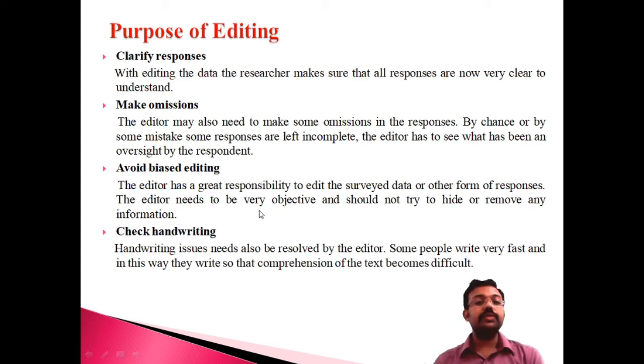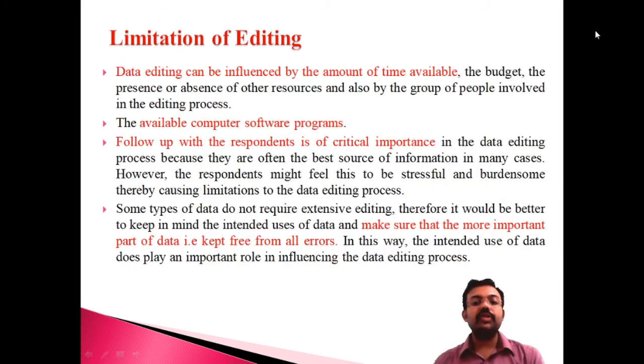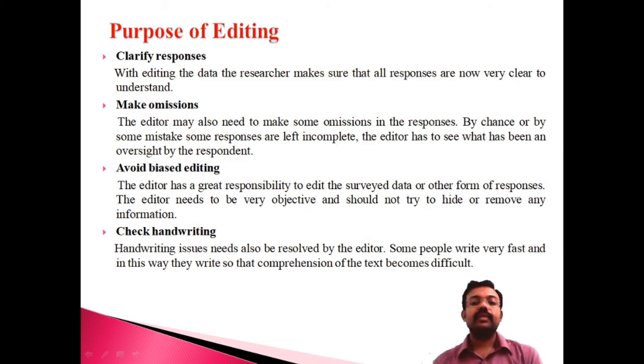The editor needs to be very objective, that means not subjective, in the editing, and should not try to hide or remove any information. A good editor will not try to hide any information. So we avoid this type of bias with the help of editing. That is another important purpose: avoiding bias.